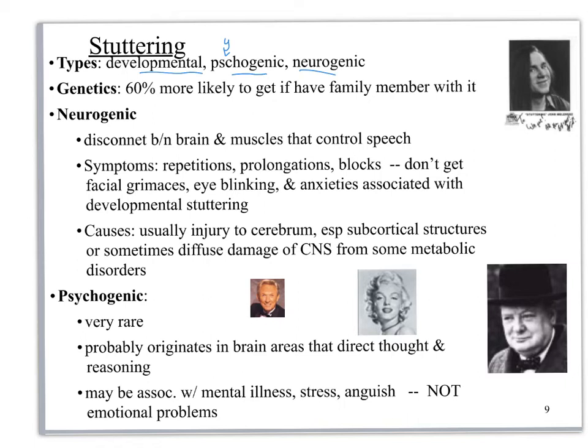The neurogenic is where you've got a disconnect between the brain and the muscles that control speech, typically associated with an injury to the cerebrum. Psychogenic is very rare, and seems to be associated with mental illness or stress.